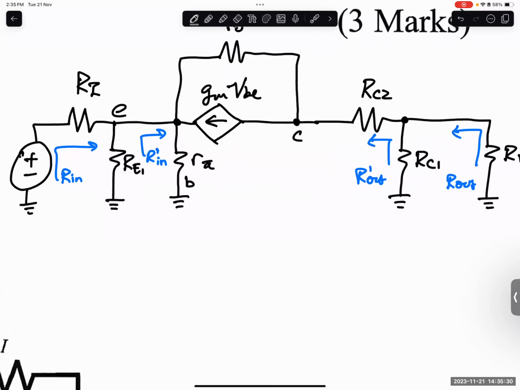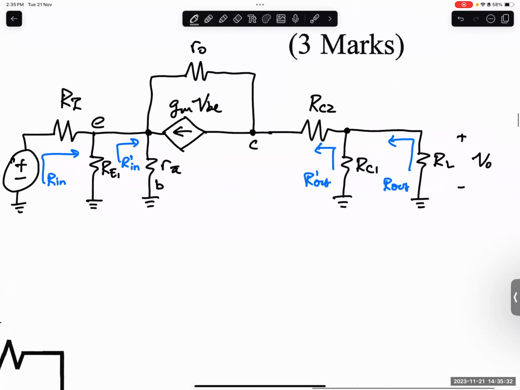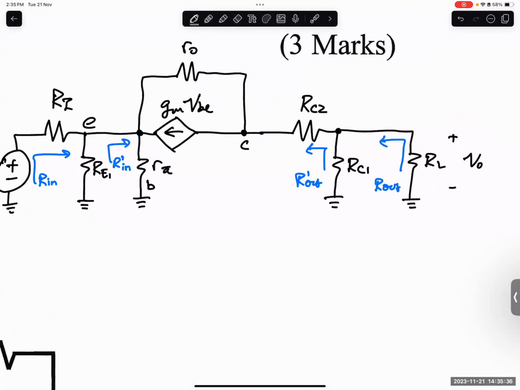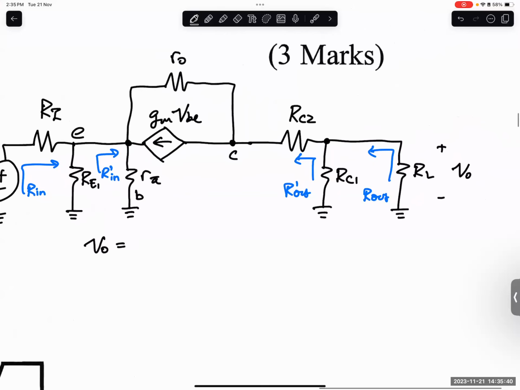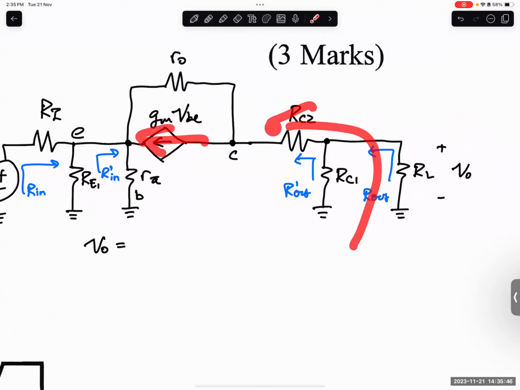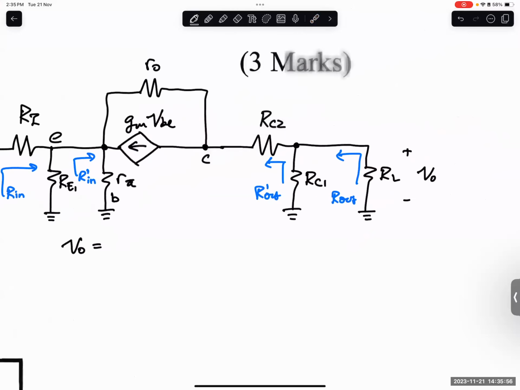Okay, so in this case, we can have an expression for V out. What's the expression for V out? We know there's a current here, so the current is drawing everything up. We need to find the current going through this RL, because the RL is for this V out. So what's the current for this?